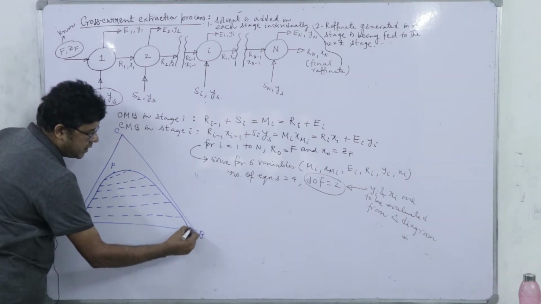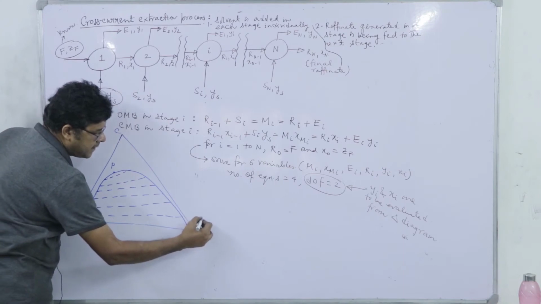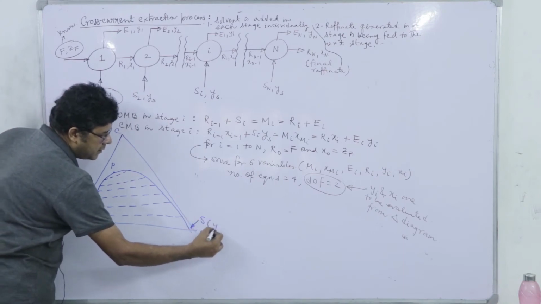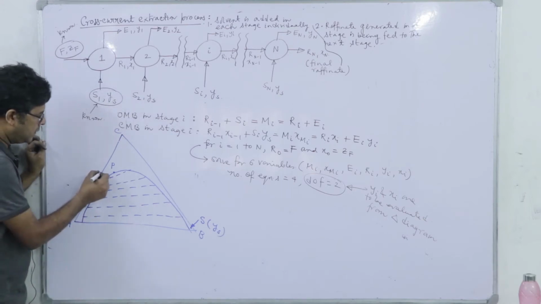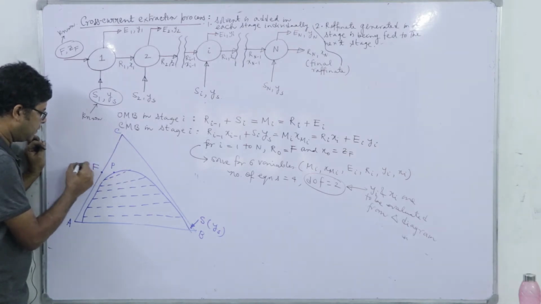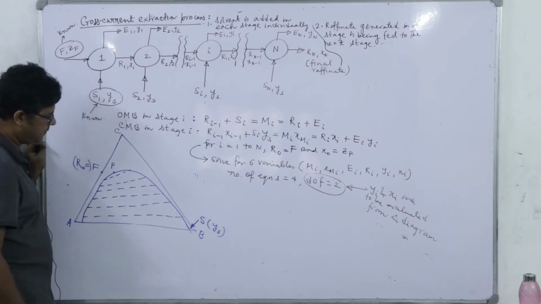So you locate that point S, the solvent Ys, okay? And we also locate the feed F, which is alternatively R0, from its composition ZF.